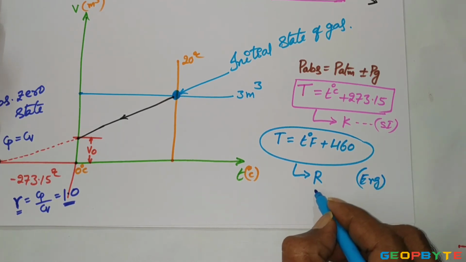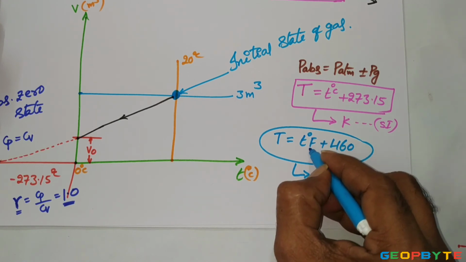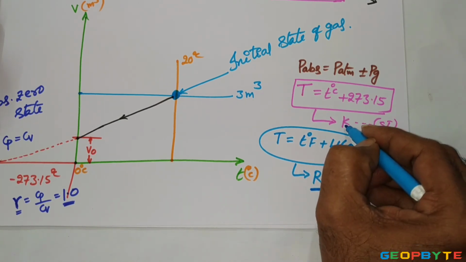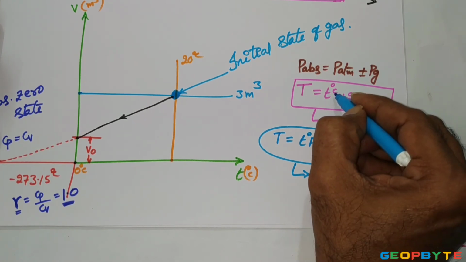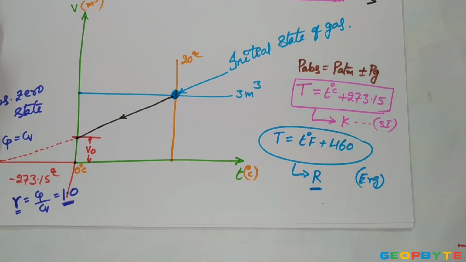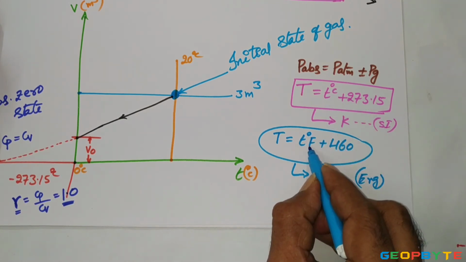That means Rankine scale is the absolute scale for Fahrenheit scale, whereas Kelvin scale is the absolute temperature scale for centigrade scale. It means in the international market there are 4 scales available mainly: Celsius scale, Fahrenheit scale.